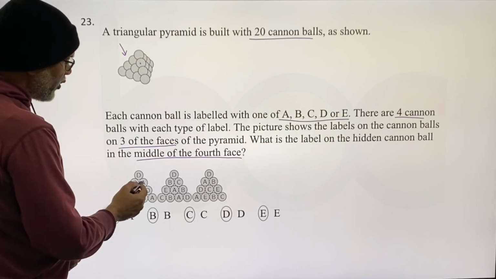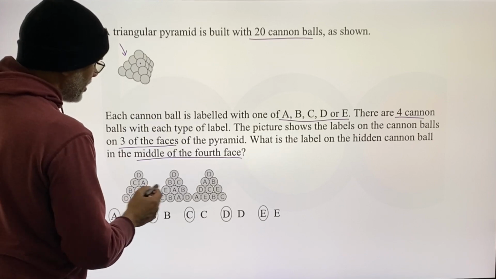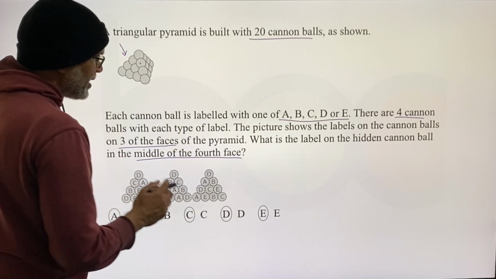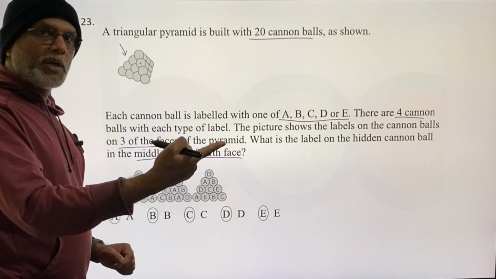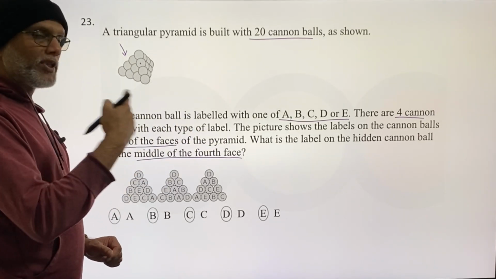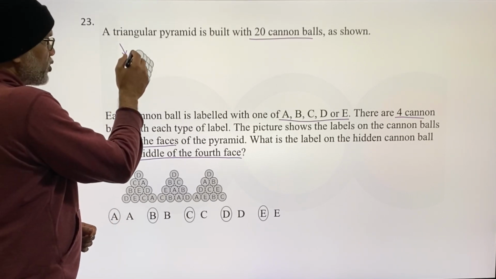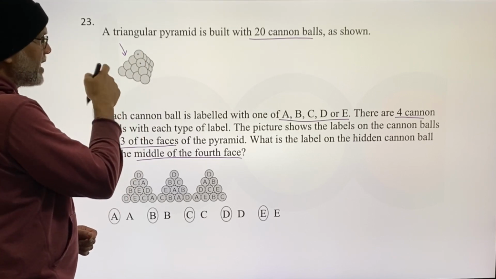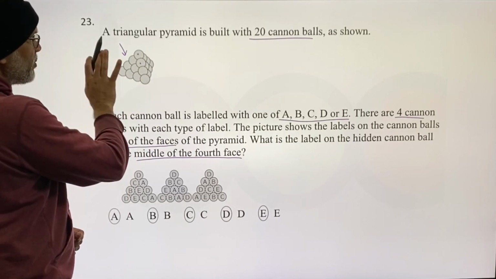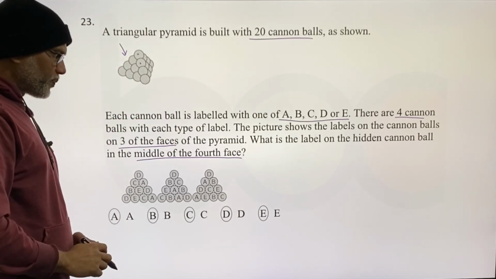So for example, the A that I see here and here may not be different balls. It may be the same ball, right? But the ball that is on the top, this one, I will see from all 3 views. I'll see it like this, like this, and also from that view.